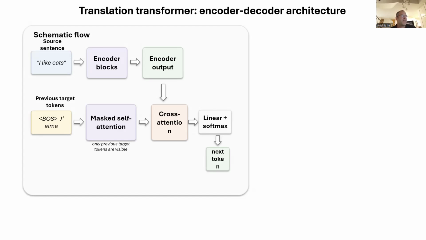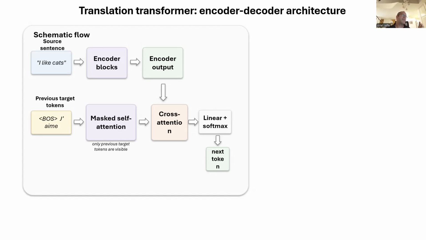This is a full attention, not masked, because when I translate I have the full sentence in front of me, not only part of it. On the bottom we have a masked attention, because the input is the sentence in French, but only the part I already translated. So this is a masked self-attention.